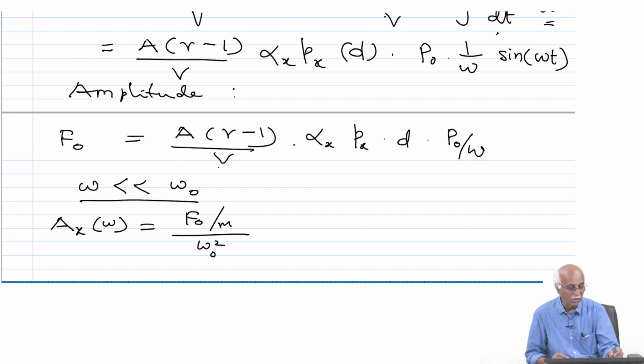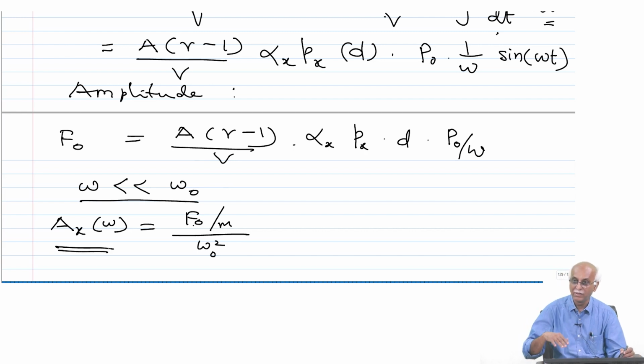So here f 0 can be substituted, and the signal amplitude in terms of displacement can also be captured. And this displacement can be correlated with our detector signal.